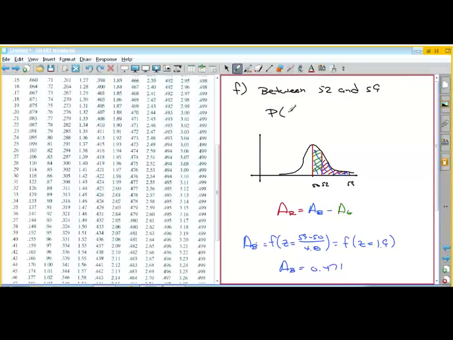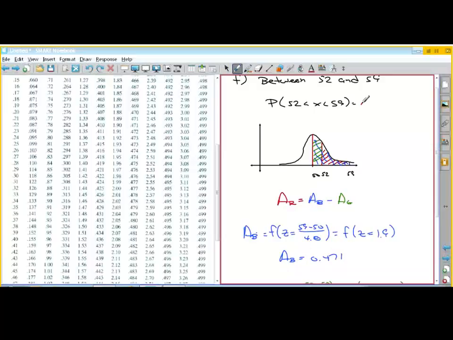And so what we were looking for was the probability that the value is going to be between 52 and 59. That turned out to be 0.308, which means there's a 30.8% probability that we're going to have values between 52 and 59.